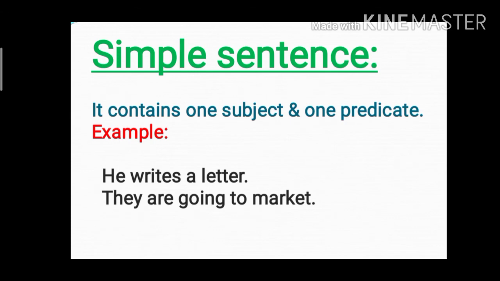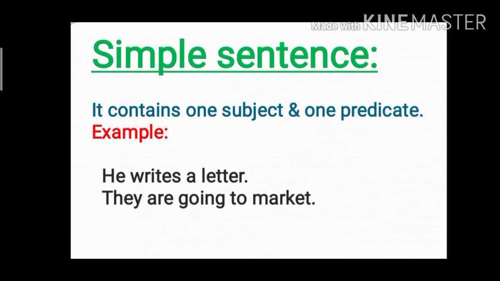Now guys, we will study simple, compound and complex sentences. A simple sentence may be defined as one which contains one subject and one predicate. He writes a letter. This sentence contains subject, verb and object.